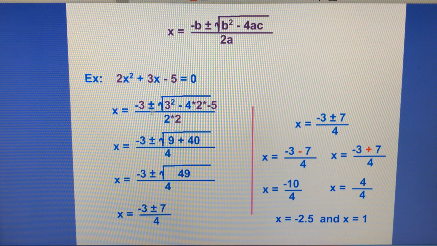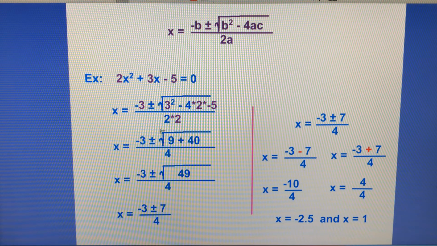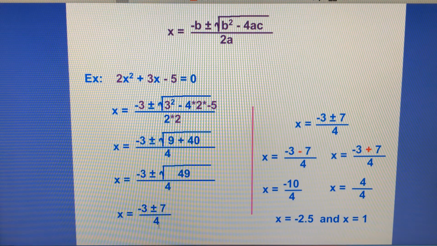I substitute in my a, my b, my c, and I solve. Negative 3 plus or minus the square root of 9 plus 40, divided by 4. The square root of 49 is 7. So I have negative 3 plus or minus 7 divided by 4.